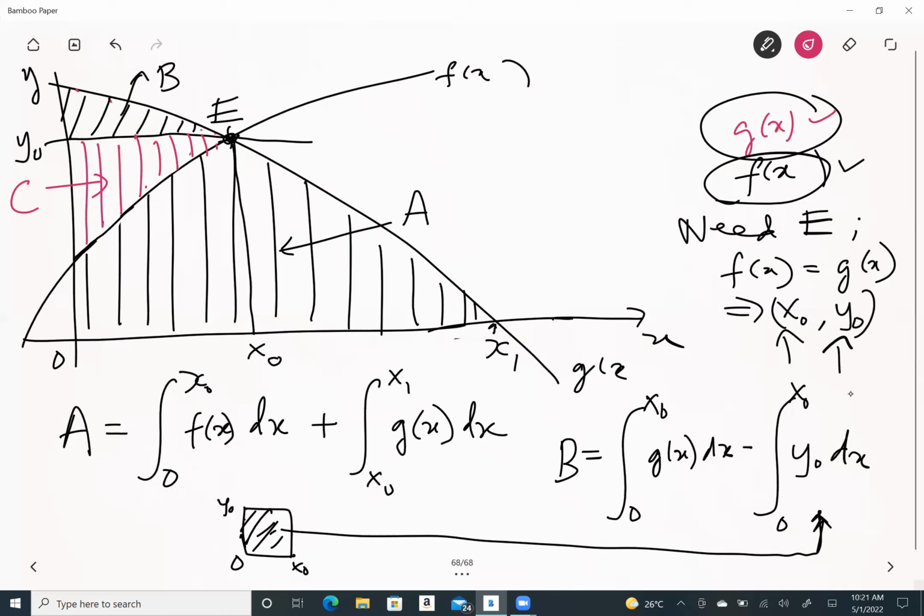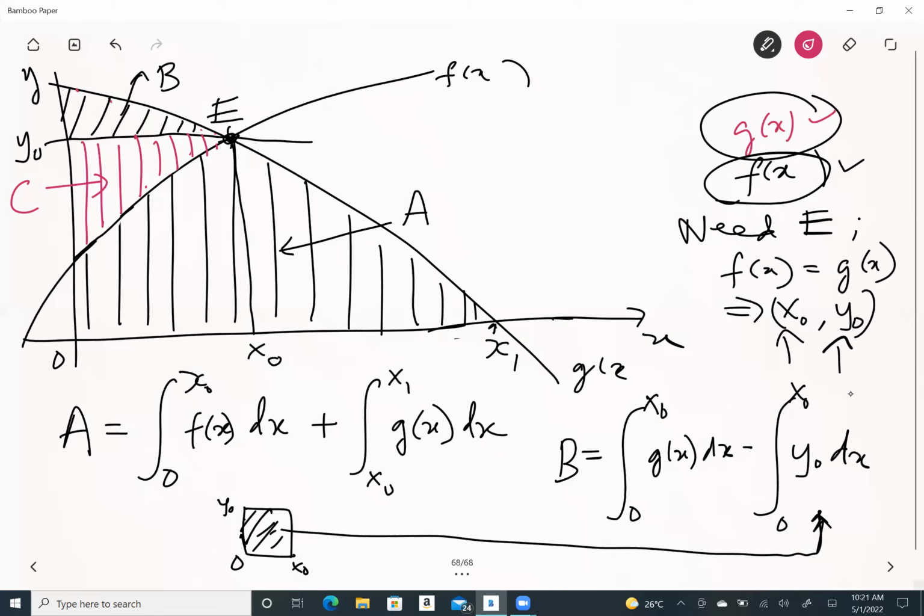So you have to find the area under y0, from 0 to x0. But that is the rectangle. You need to get rid of the area under f. So it's the difference between the area under y0 and the area under f of x from 0 to x0.